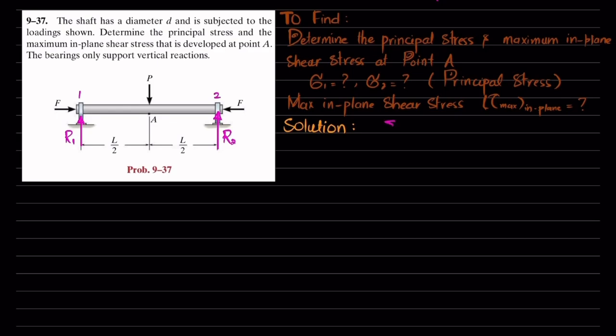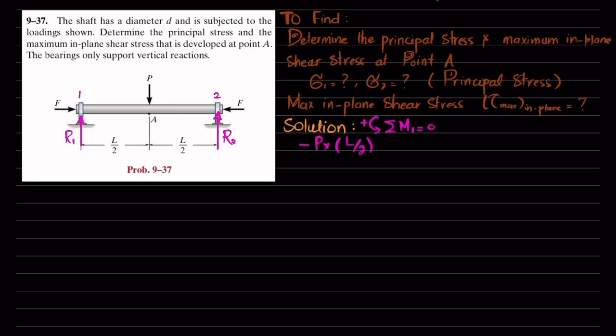The first equation of equilibrium is that the sum of all moments about point 1 is equal to 0, taking counterclockwise moment as positive. About point 1, the first moment is produced by this P load, with perpendicular distance L by 2, and this is producing clockwise, so it will be negative. So I will write P multiplied by L by 2, negative.